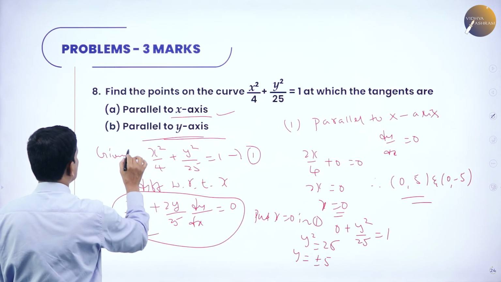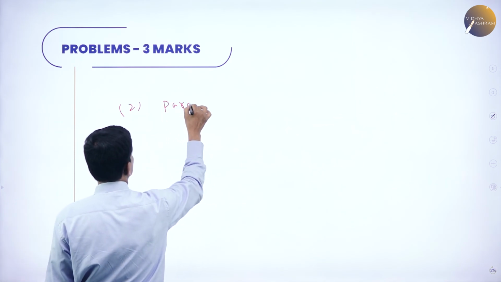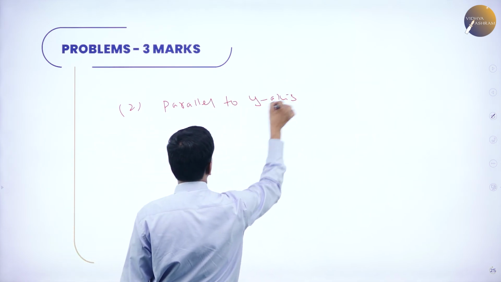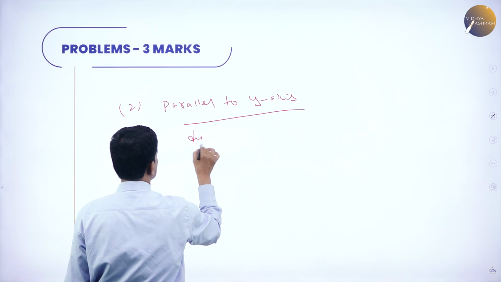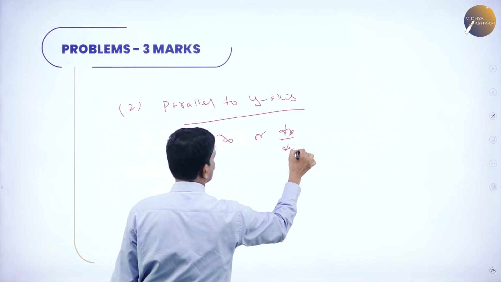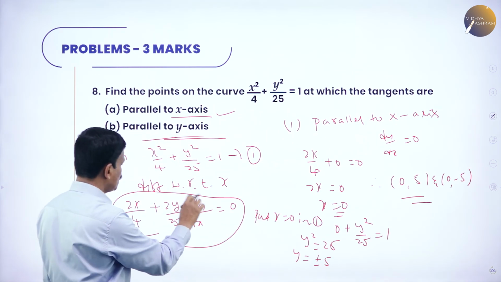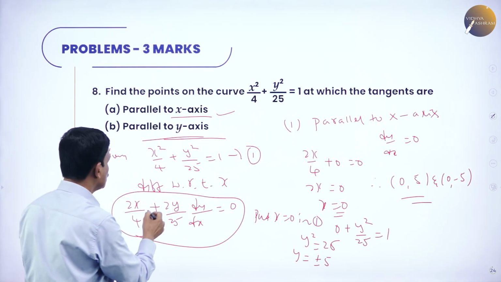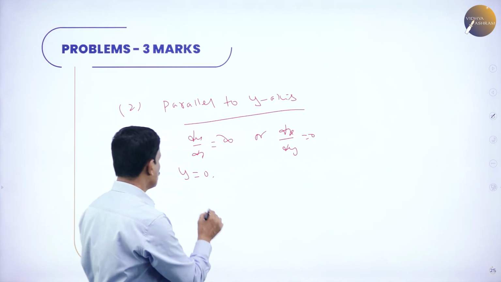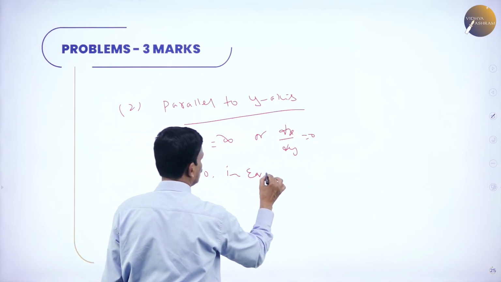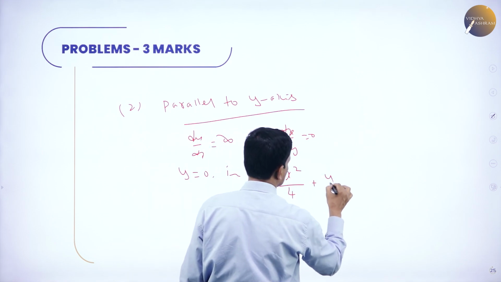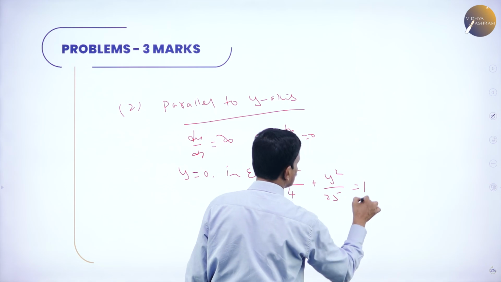Second condition. Parallel to y-axis. If it is parallel to y-axis means dy by dx is equal to infinity, or dx by dy is equal to 0. So if dx by dy is equal to 0, then we will get y is equal to 0. Now just put y is equal to 0 in the standard equation x square by 4 plus y square by 25 is equal to 1.